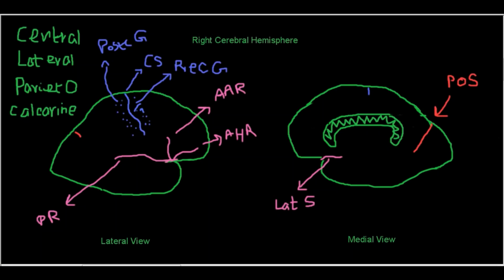So let's go for yellow over here. The yellow color is going to represent the calcarine sulcus. This is found on the medial surface of the hemisphere. The calcarine sulcus begins below the posterior end of the corpus callosum, which I told you before is the splenium of the corpus callosum.